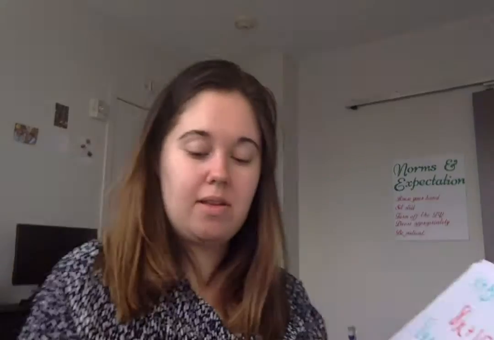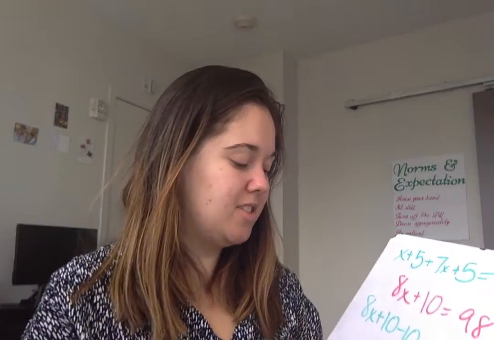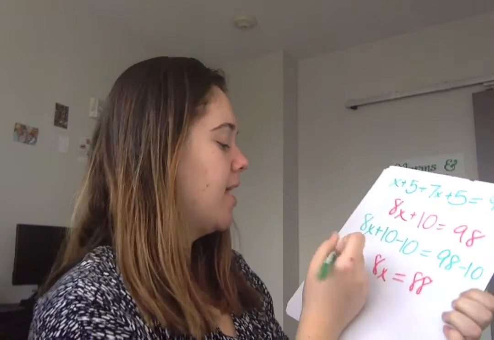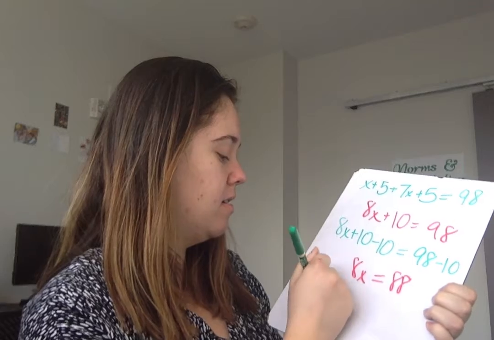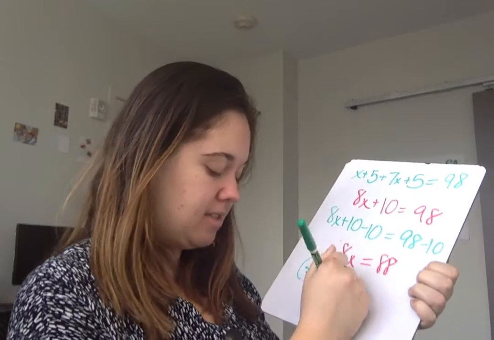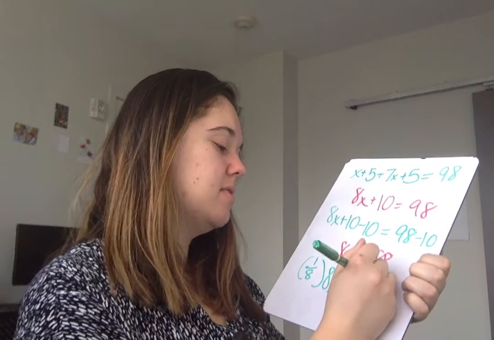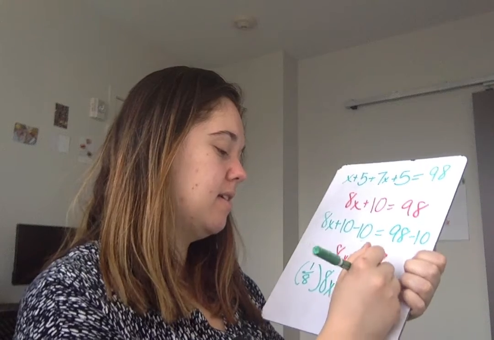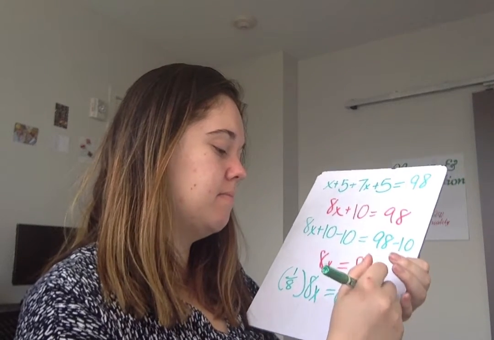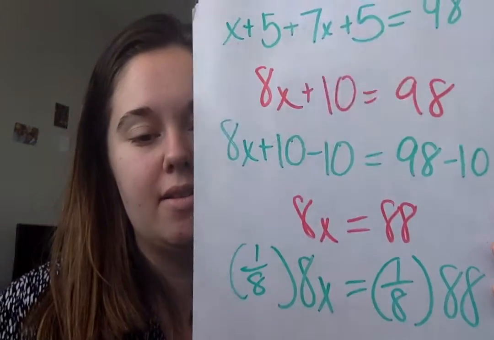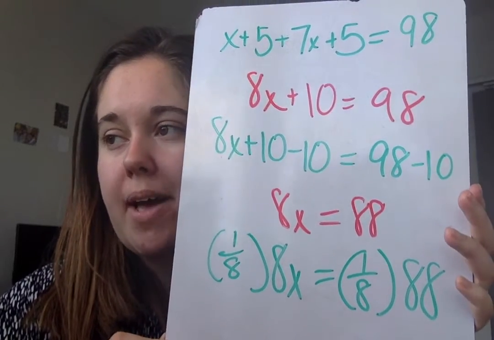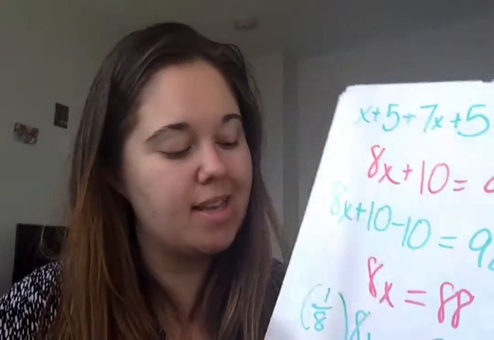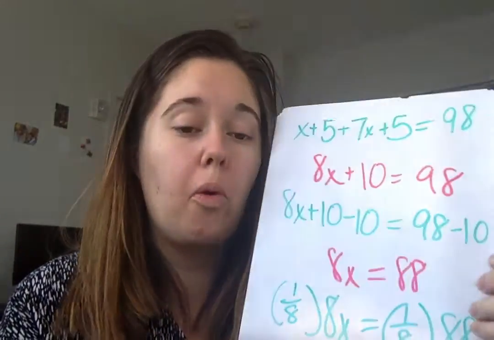Oh, I knew I was going to do that. I'm going to rewrite that in green so that it's super clear how many steps we've done. So 1/8 times 8x equals 1/8 times 88. We're multiplying by 1/8 because that's going to get us down to just 1 on this side.